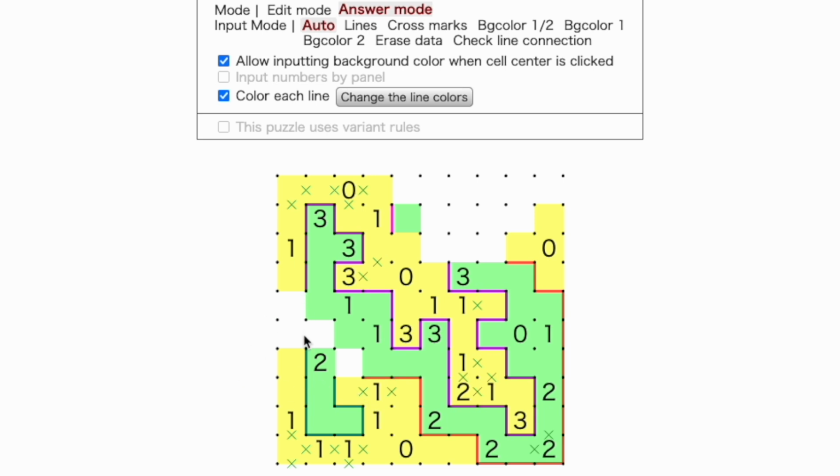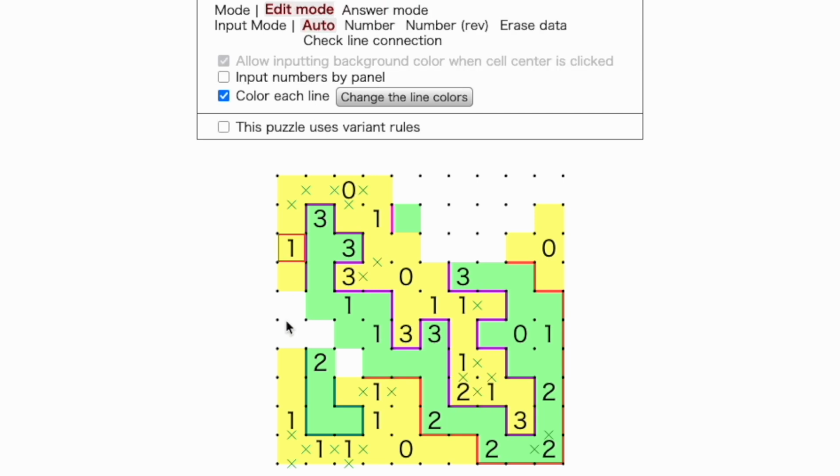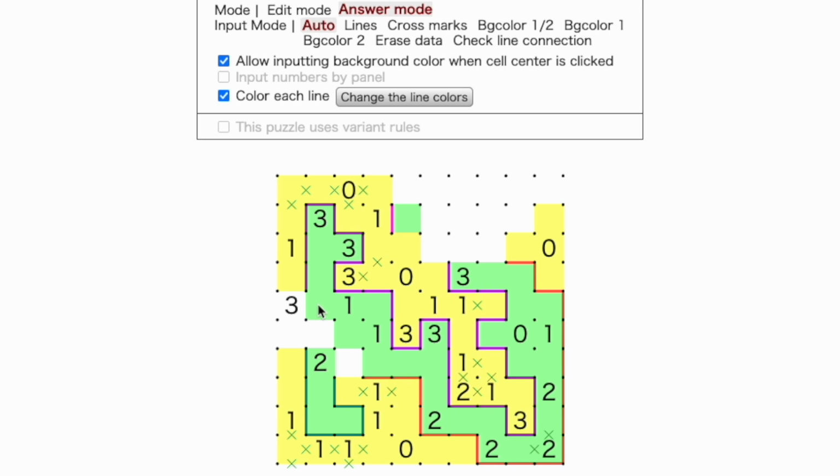Then we want this right here to be a 3. Why do we want it to be a 3? Because a 3, when we've got a single line entering, defines the opposite 2 as walls. And by defining those as walls, we know that this 3 must now be inside the loop, which is going to do that.